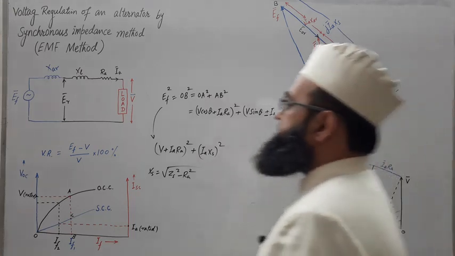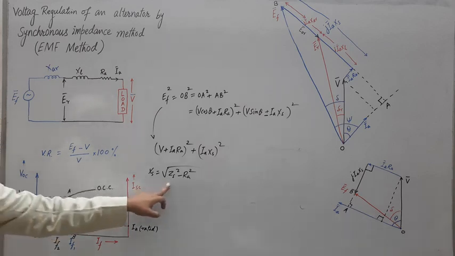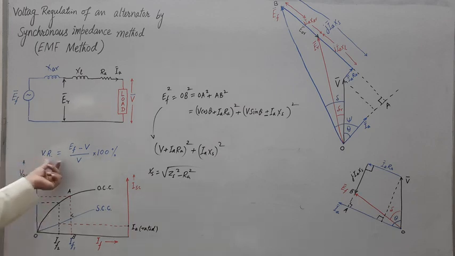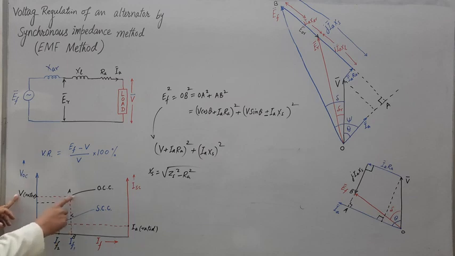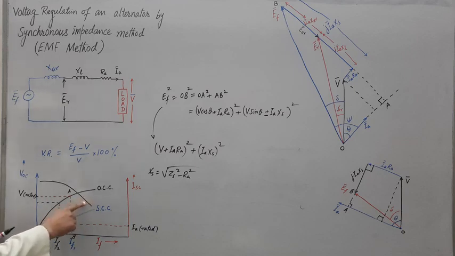One more thing, we may note that the value of ZS taken for evaluation of voltage regulation by this method is unsaturated. Even if we are taking corresponding to V rated, then this region is unsaturated region, and we have already discussed that ZS, synchronous impedance, decreases like this. So this becomes saturated, which is lesser than unsaturated.